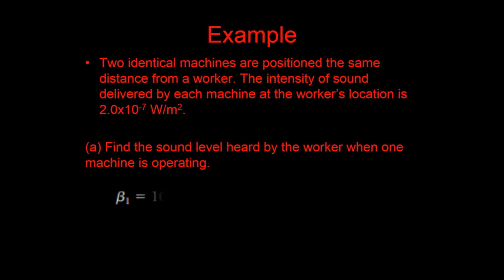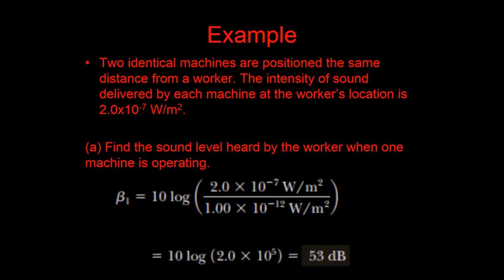So in decibels, beta will be 10 log 2 times 10 to the minus 7 over 1 times 10 to the minus 12 watts per square meter, as usual our reference intensity, and that will give us 10 log 2 times 10 to the 5, or 53 decibels. So this is the sound level expected at his location when one machine is operating.